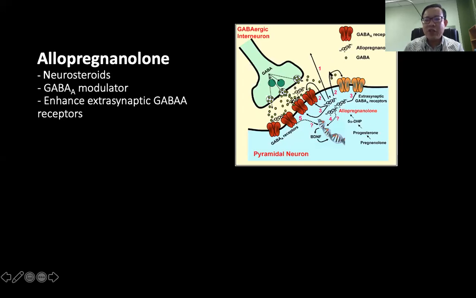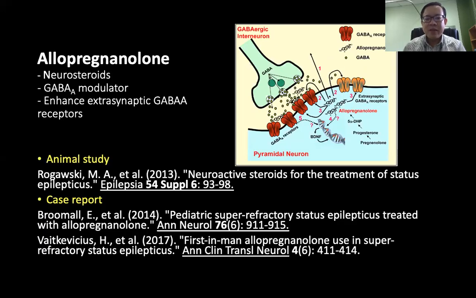If you look at the picture, these are the GABAergic receptors outside the synapse. And therefore, they are still there even after a long time of status epilepticus. Now, we have started to have case reports, but we don't have a trial yet to confirm the use of allopregnanolone, but this is something good or useful in the future in refractory or super refractory status epilepticus.